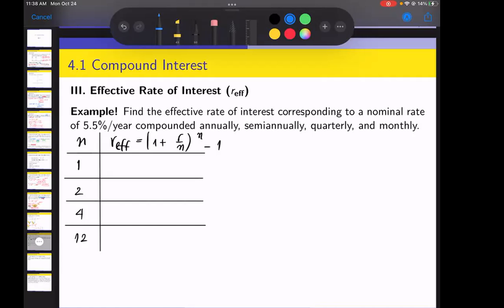My picture, where is it? The first one is 0.055. And again, I do want you to change it into a percentage, okay? If I ask you for the rate. The second one is 0.0558, so 5.58%.